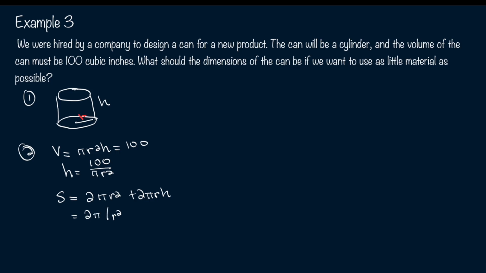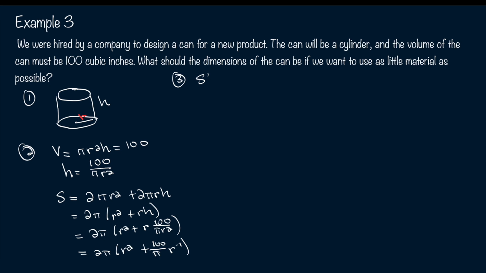And so 2 pi multiplied in parentheses by r squared plus rh. 2 pi times r squared plus r multiplied by 100 over pi r squared. And then if we reduce it, we get 2 pi times r squared plus 100 over pi r to the negative 1.